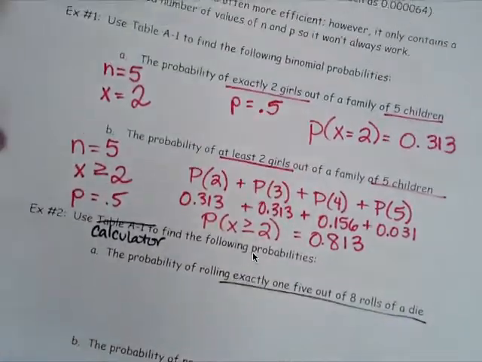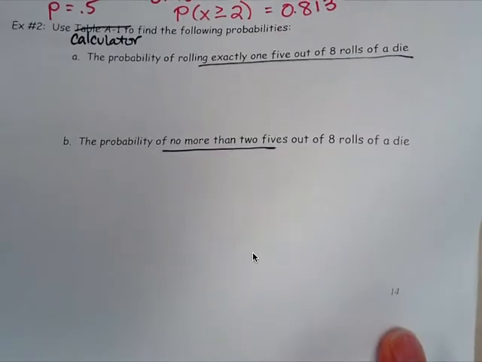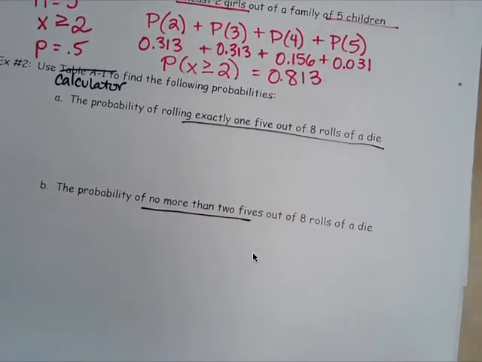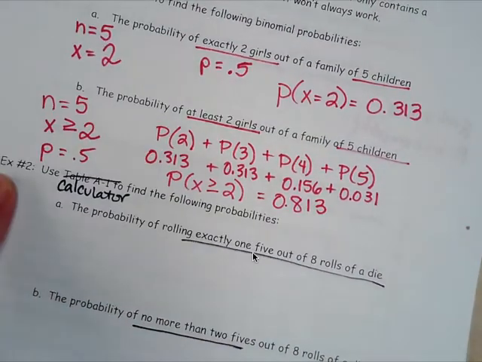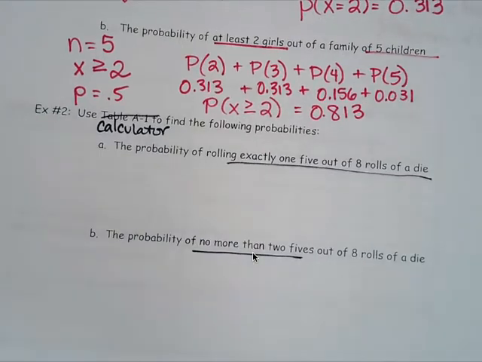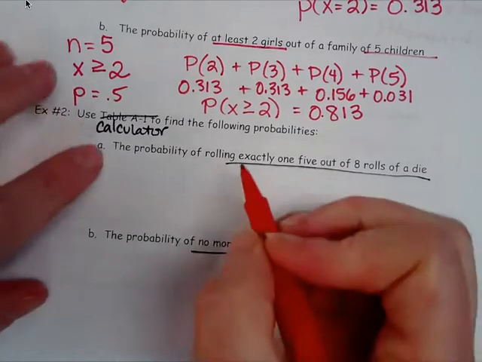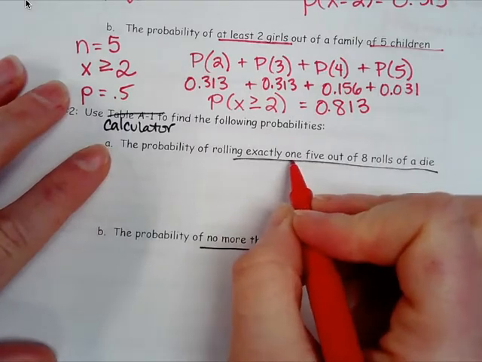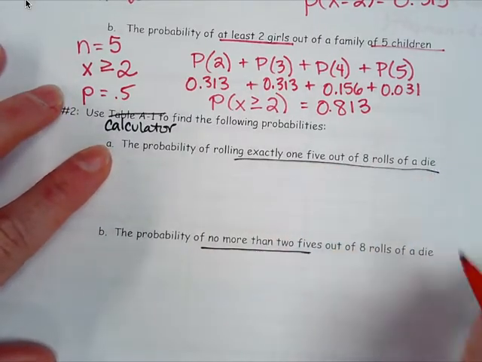So let's look at, I'm on page 14. It is example 2. So we're going to use the calculator this time. So it says, use the calculator to find the following probabilities. Find the probability of rolling 1 5 out of 8 rolls.